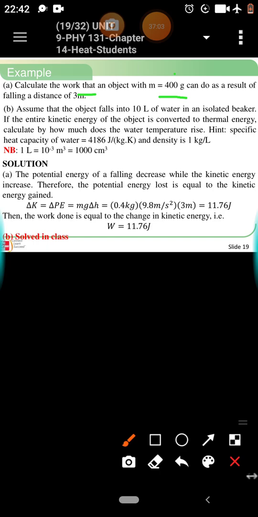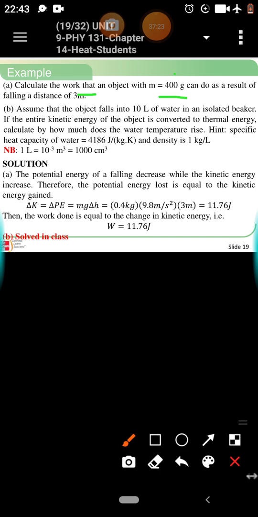All right, then B, assume that the object falls into 10 liters of water in an isolated beaker. If the entire kinetic energy of the object is converted to thermal energy, calculate by how much does the water temperature rise. Hint: the specific heat capacity of water is 4186 joules per kg Kelvin.